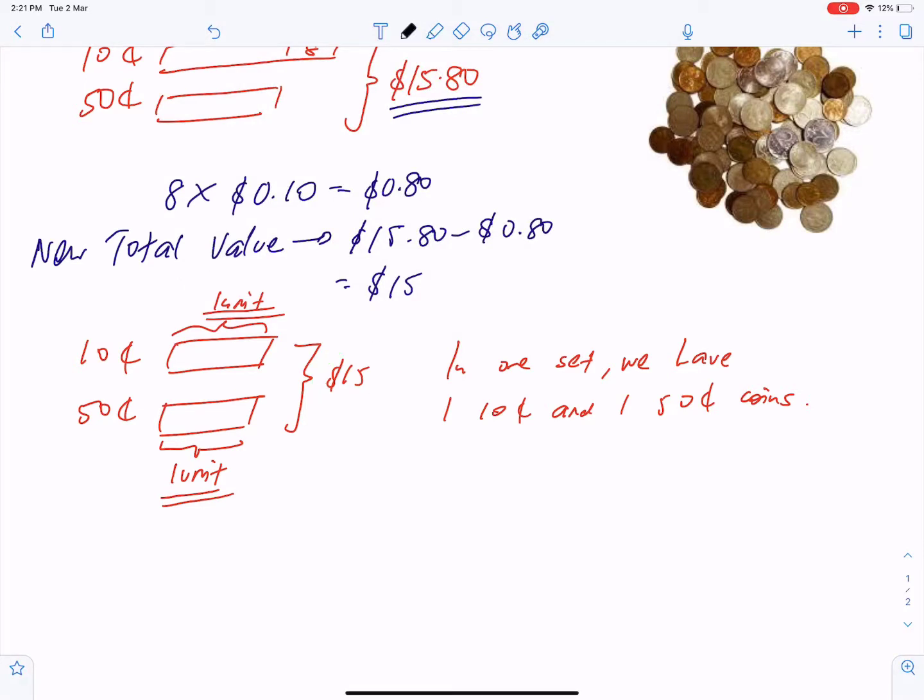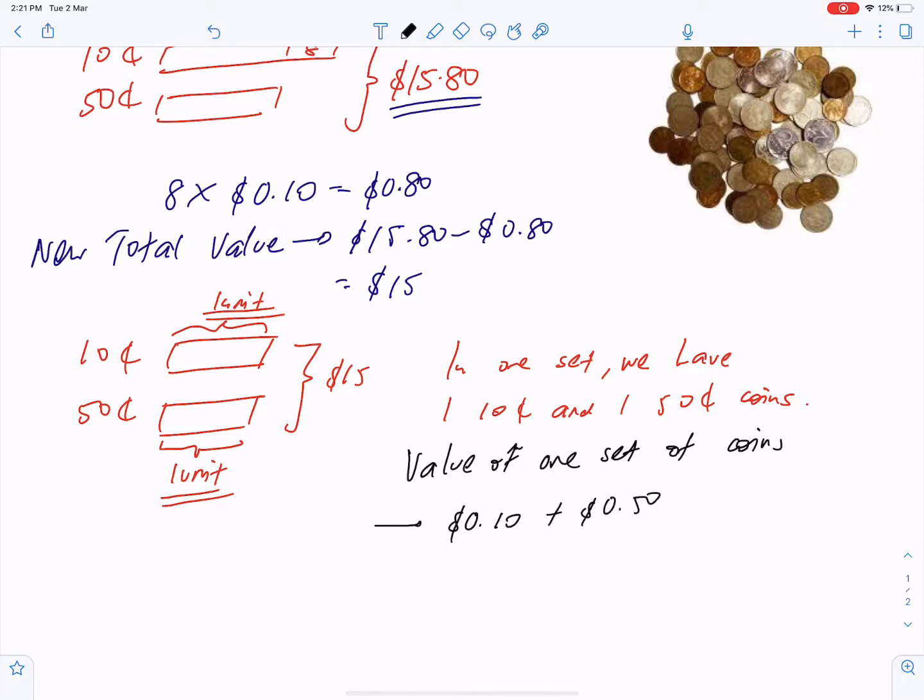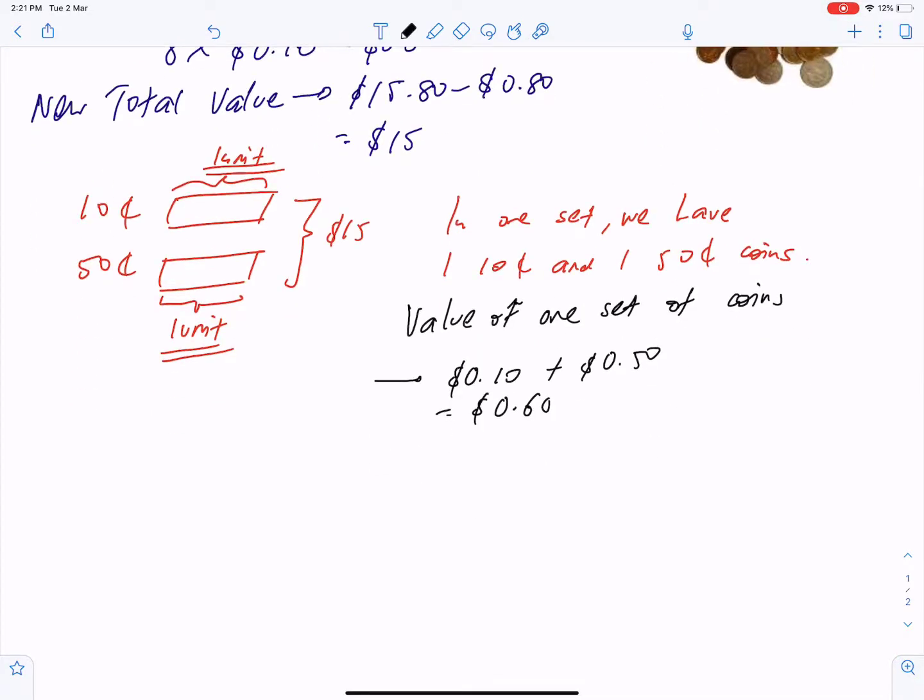Now, the value of one set: this will be 10 cents, 0.10 plus 0.50. So the value of this one set is 60 cents. How many of these sets do I have?